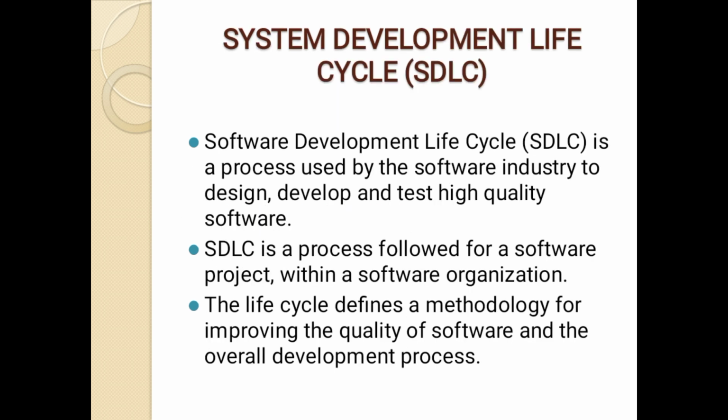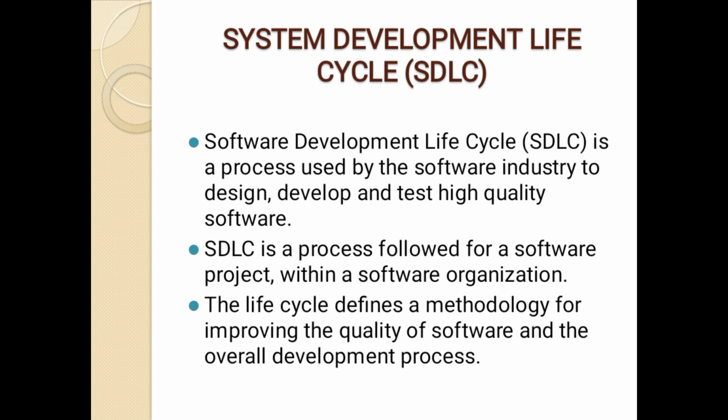Next, we are going to see the system development life cycle. SDLC is a process used by the software industry to design, develop and test high quality software. SDLC is a process followed by a software project within a software organization.